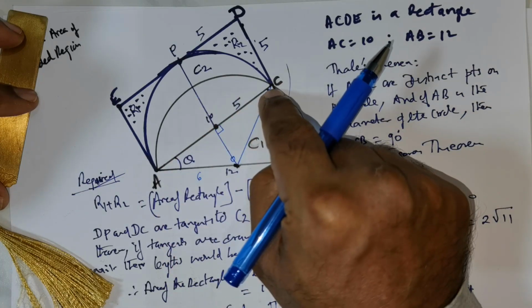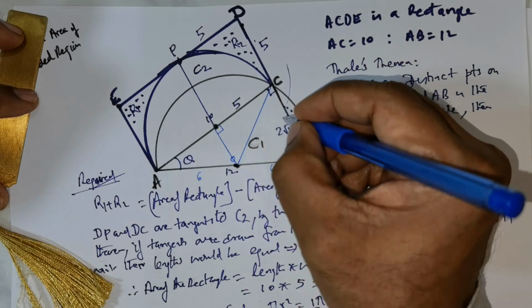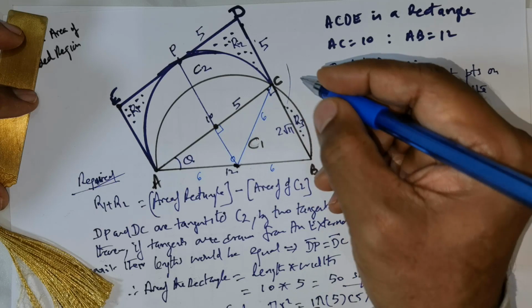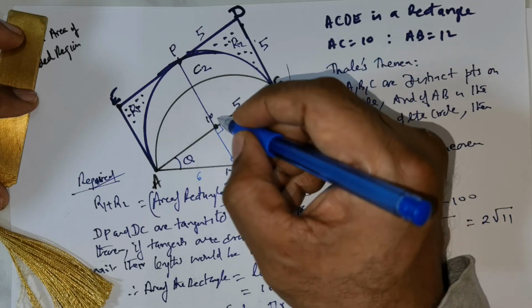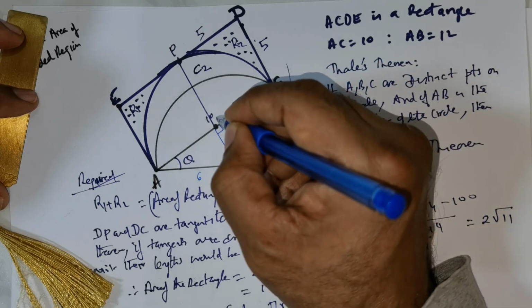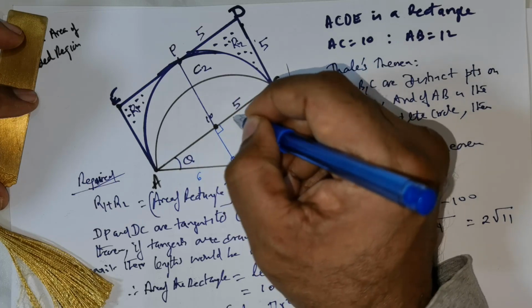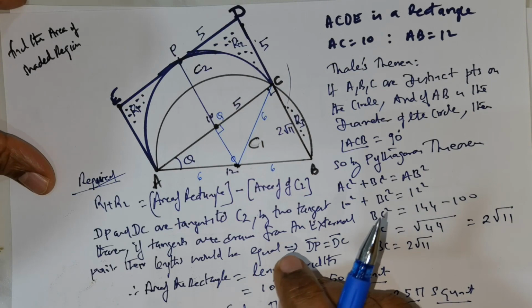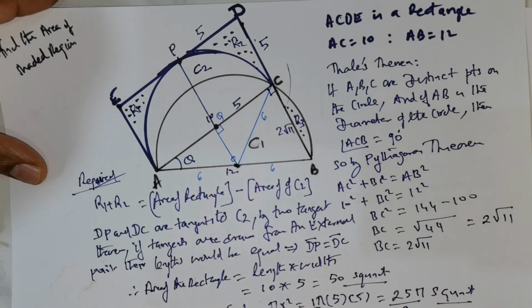This entire thing is 10 units, so this is going to be 5 units, and this is 6 units.